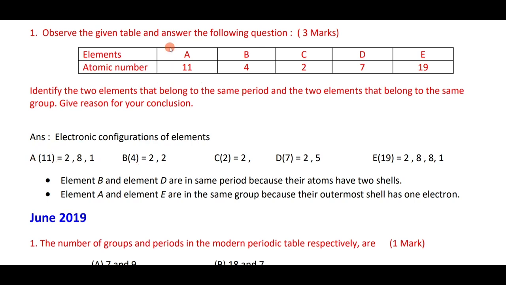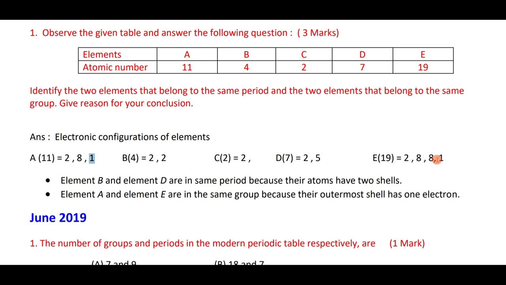The electronic configuration of element A is 2, 8, 1, B is 2, 2, C is 2, D is 2, 5 and E is 2, 8, 8, 1. Elements B and D are in the same period because their atoms have the same number of shells. Elements A and E are in the same group because their outermost shell has one electron.